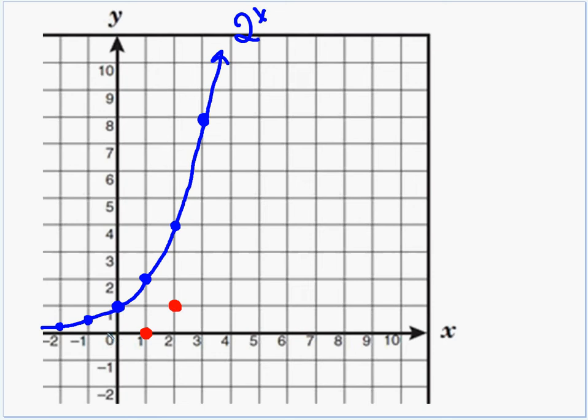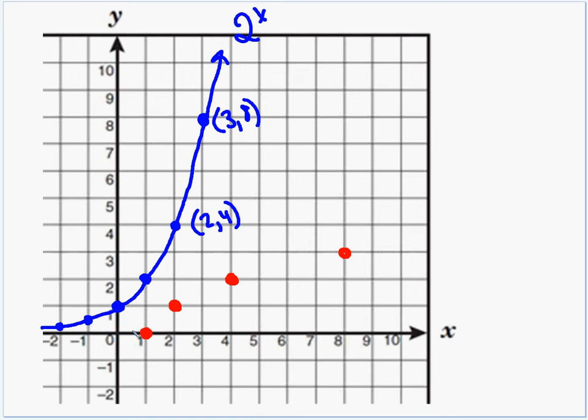We had a point on the blue graph. Let me write these up there. We have this point here that's 2, 4. On our log graph, that'll be 4, 2. Up here we had the point 3, 8. That is now 8, 3 on our log graph. And then for the fractional ones here, we had negative 1, 1/2.